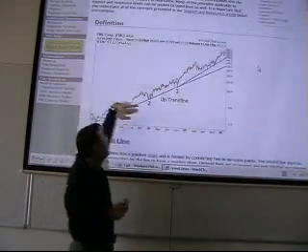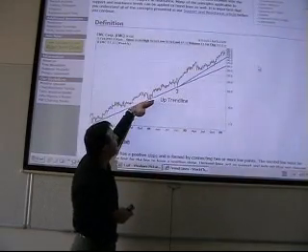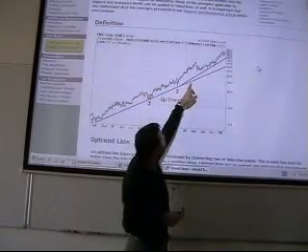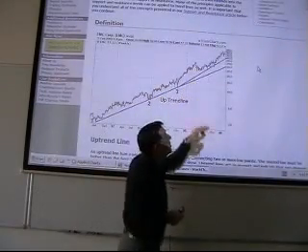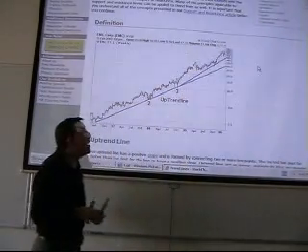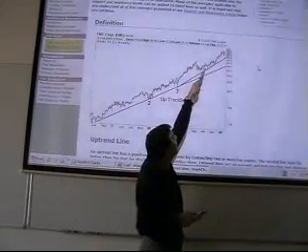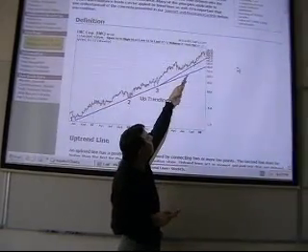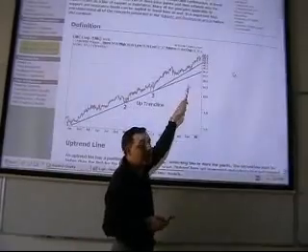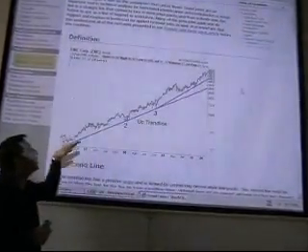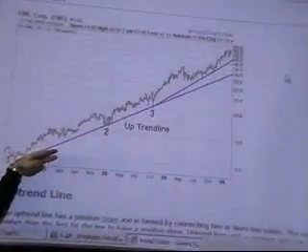So this one indicates major support, and this one here indicates minor support. So what you may get is from over here, correcting from the minor support back to the major support, and you're still going to be in your uptrend.